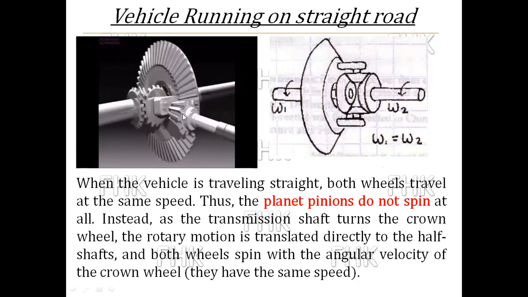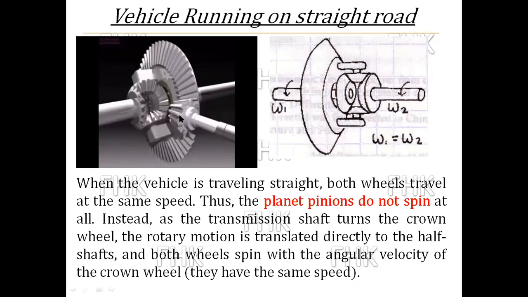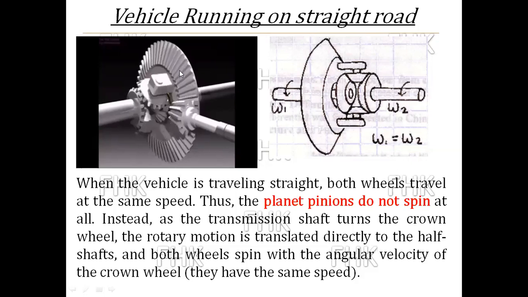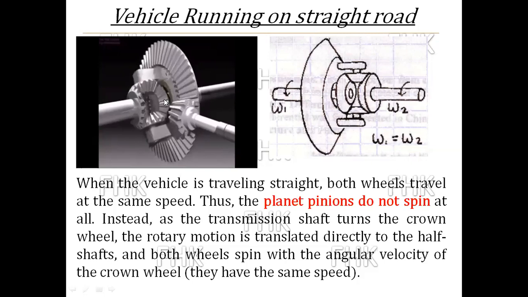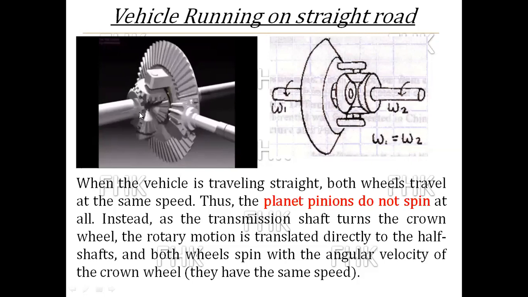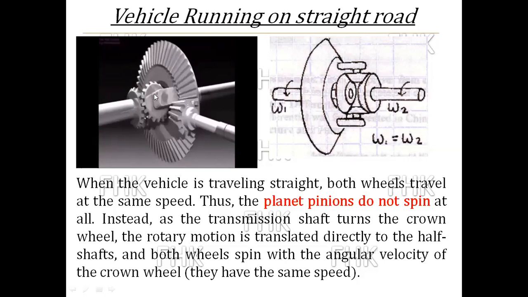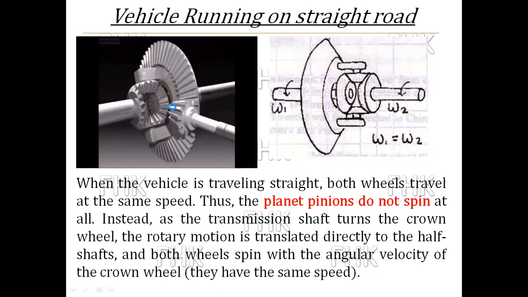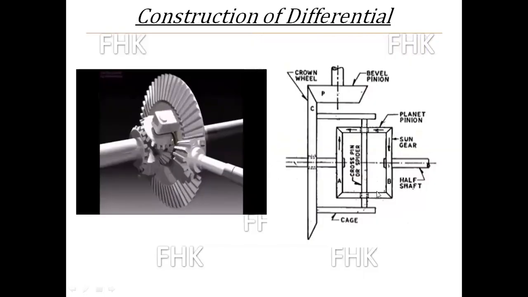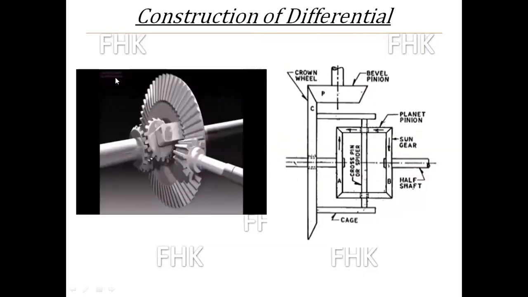We are getting power from the bevel pinion to the crown wheel. That motion is given along with the crown wheel. These two sun gears are mounted. But at the same time, these two planet pinions, here you can see these are planet pinions, are not rotating.